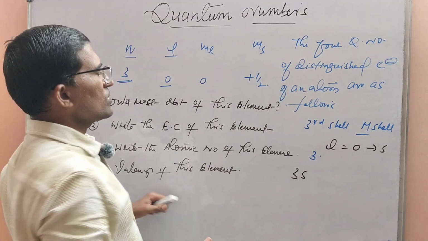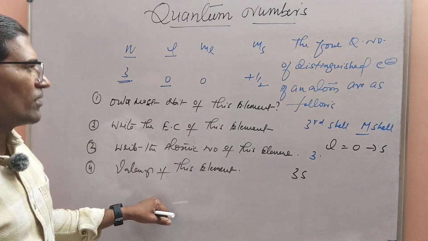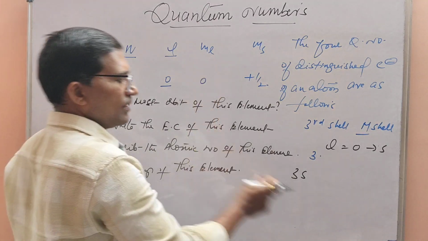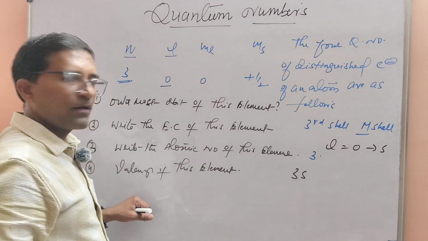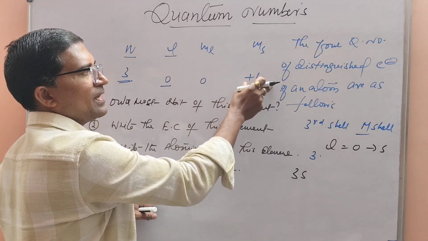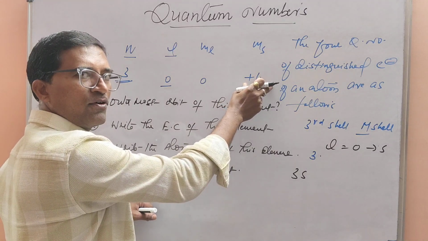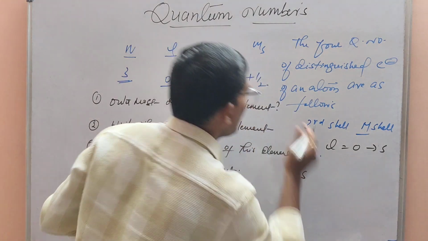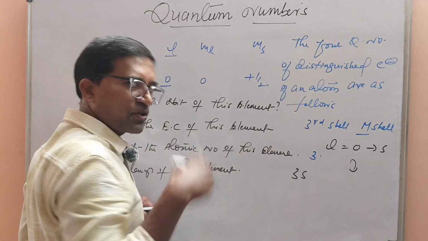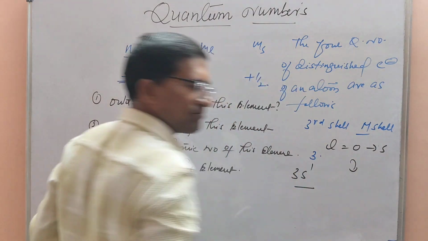L is equal to 0 and ML is 0, nothing but 3s only. And MS is plus half, so first only one electron is represented. Plus half means the first electron, that is 3s1.